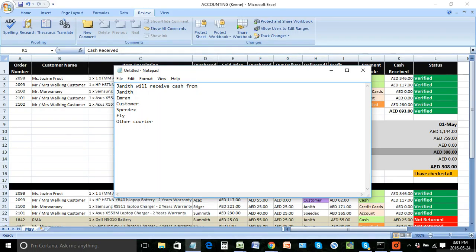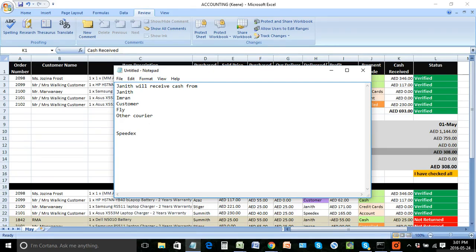And even though Imran collected the cash, Imran is going to give the money back to Janit. If a customer paid, of course that will be Janit as well. If it's a Fly Courier, that also goes to Janit, and if it's another courier, that also goes to Janit.